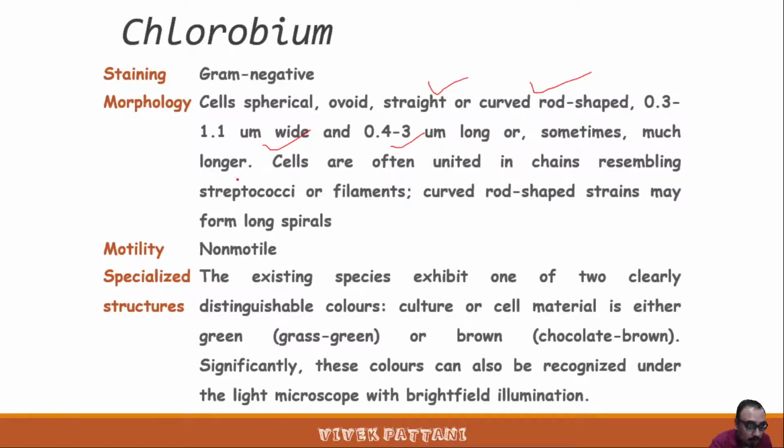Cells are often united in chains resembling streptococci or filaments, and curved rod shaped strains may also form long spirals. They are non-motile and exhibit two clearly distinguishable colors: one is grass green and the second is brown, also chocolate brown. Significantly, these colors can be recognized under the light microscope with bright field illumination.